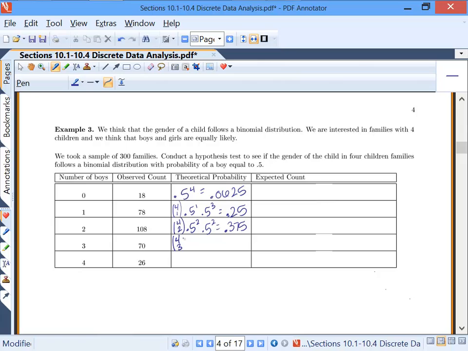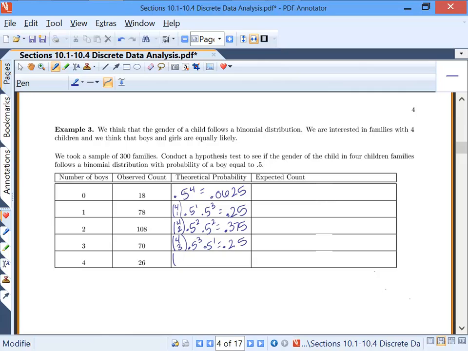So the next one would be 4 choose 3, 0.5 to the power of 3, so we want 3 boys, and we want 1 girl, gives me 0.25. And the last one, okay, it would be 4 choose 4. Now what is 4 choose 4? If you put it on your calculator, 4 choose 4 is 1, which is why if you forget that, it's okay.